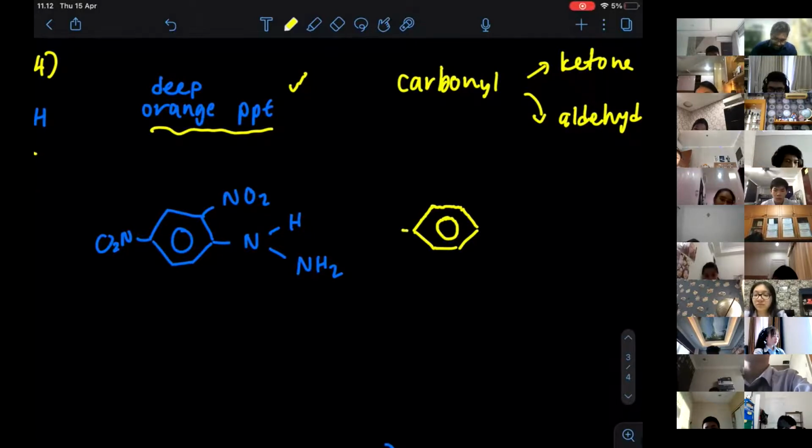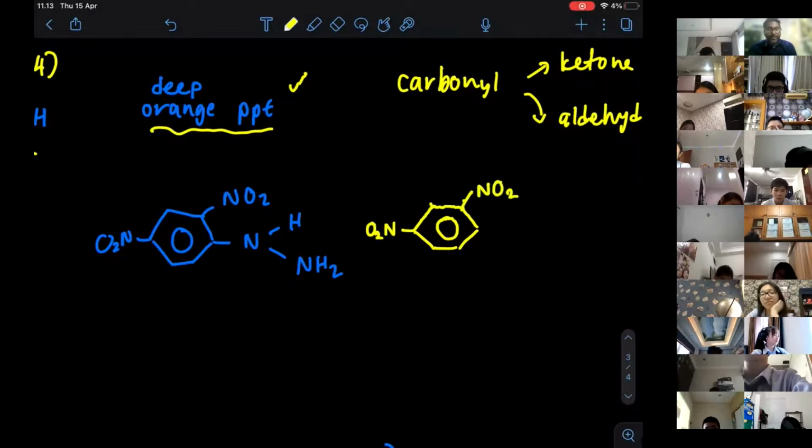You just put NO2, imagine this is position 2, 3, 4, so this is 2,4. So the dinitro is already done. And then at this part, put nitrogen with hydrogen, an H2. You must know how to draw it. Practice at home, memorize only.